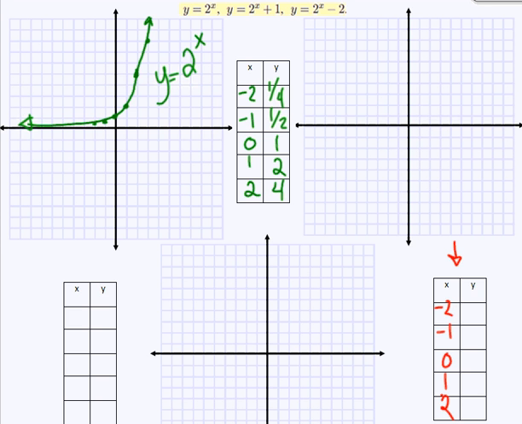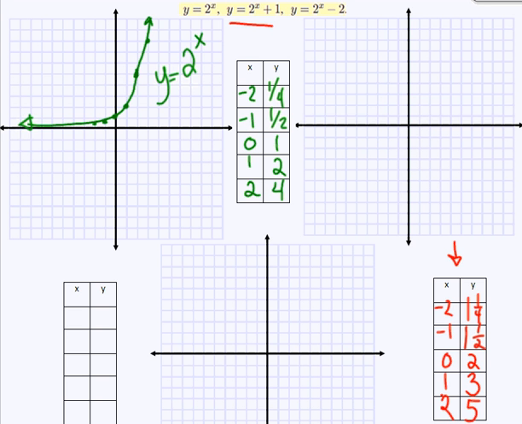Okay, so when we plug in -2 to this equation, we've got 2 to the -2, which is 1/4, and then plus 1. So we've got 1 and 1/4. We've got 2 to the -1, which is 1/2, plus 1 is 1 and 1/2. 2 to the 0 is 1 plus 1 gives us 2. 2 to the 1 is 2, plus 1 gives us 3, and 2 squared is 4, plus 1 gives us 5.